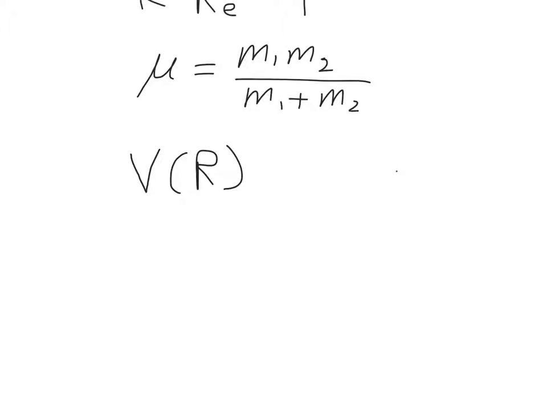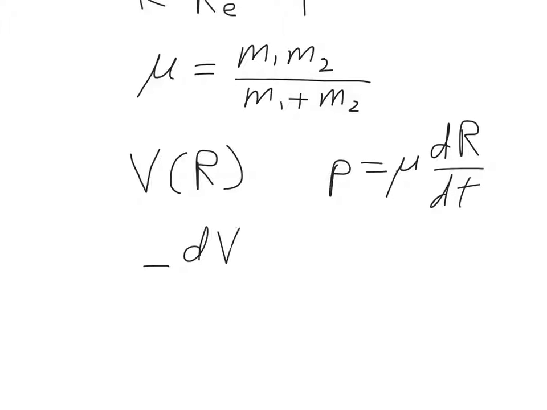The momentum, remember, is, as usual, mass times velocity, but instead of mass we use reduced mass, and for velocity, dr dt. And the equation of motion that we are going to use is minus dV dr. That's the force. So remember, the force is the negative of the slope of the potential energy function, and it equals dp dt.